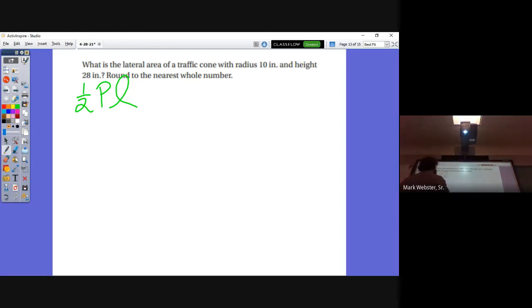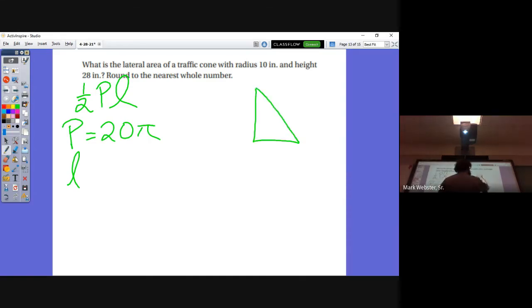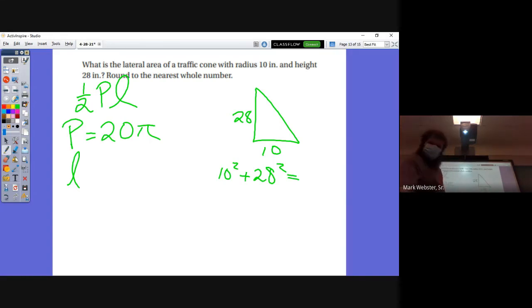We got perimeter, 2 pi r, because we got the radius. Slant height: 10 squared plus 28 squared. 28 squared is 784.